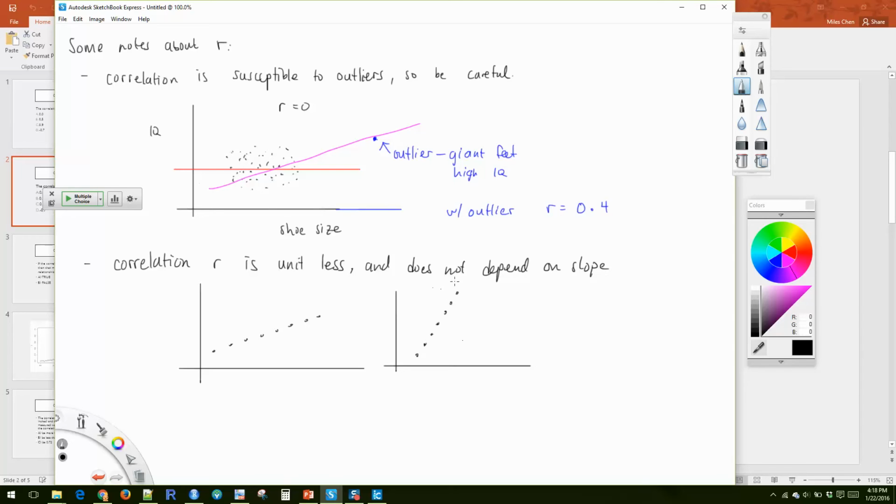What is the correlation of this plot over here? This would be r equal to +1, right? What's the correlation over here? r is also equal to 1. So both of these have correlation equal to 1, even though the slopes are different. I guess unitless is maybe one word.